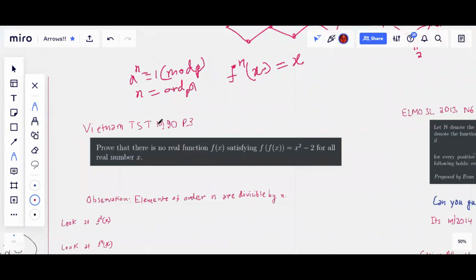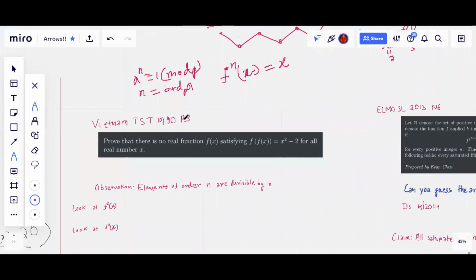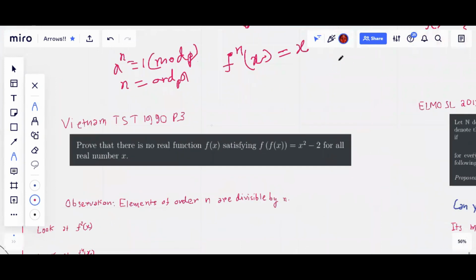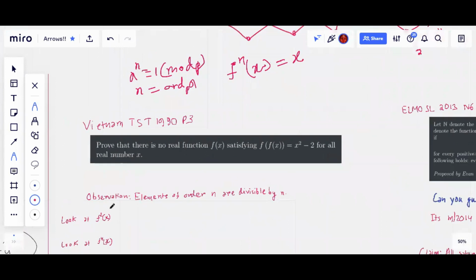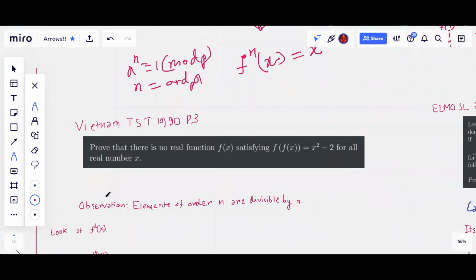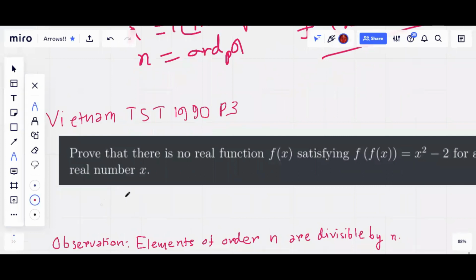Similarly, we define order for functions. You want to define the smallest such n, such that f to the power n of x, which is f applied n times on x, returns to x.